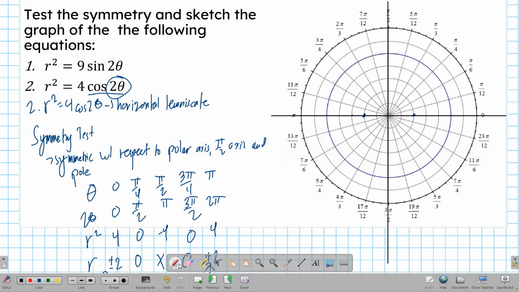And as we can see, these are just the 2 points that we need. So all we need is to draw our Lemniscate. It should be something like that, and curve like that. So there you go. This is the graph of r squared is equal to 4 cosine 2 theta. And that's how we graph Lemniscates.